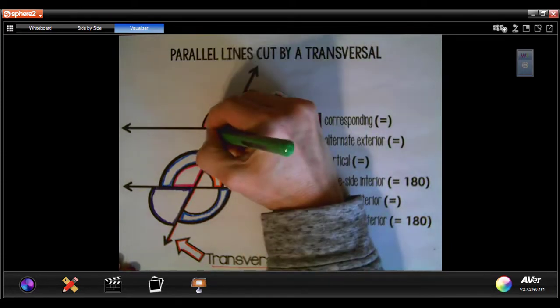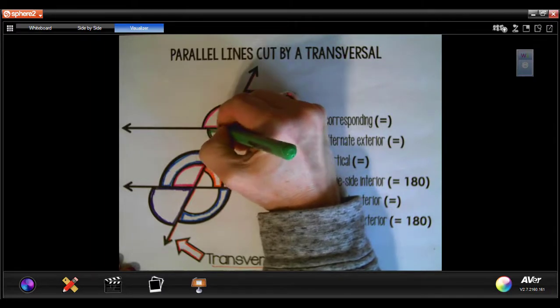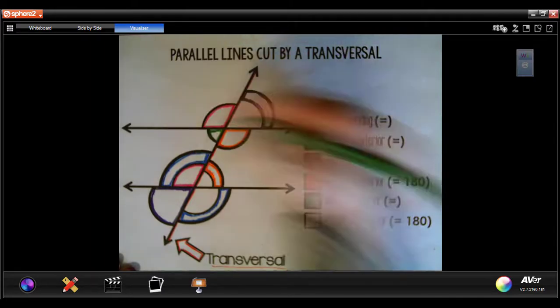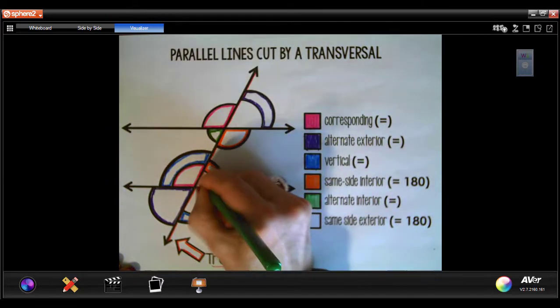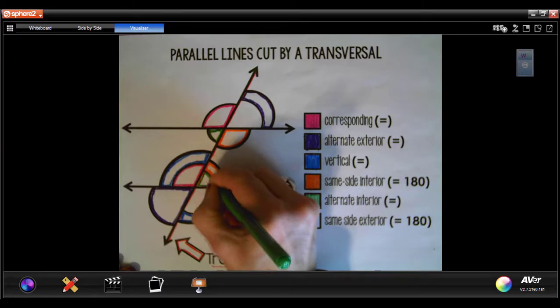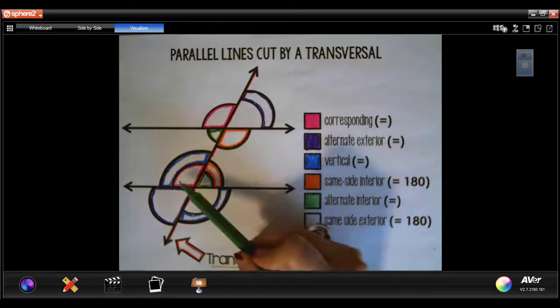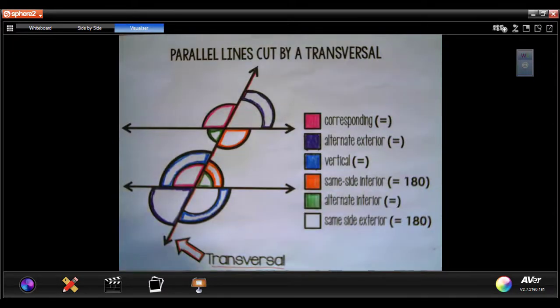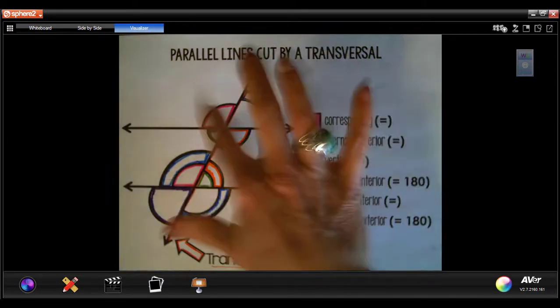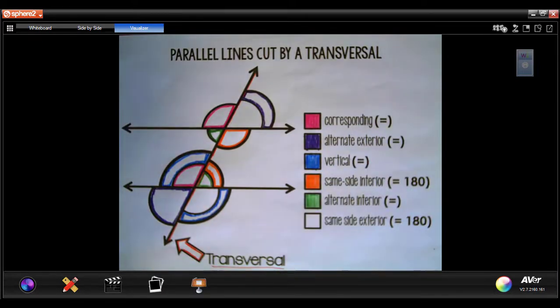So I'm going to color these 2 little arcs green. So these ones are alternate interior. Now, again, we have another set of alternate interior. Just again, on this key, we are just showing you one of them that are on the map. And I'll go through and remind you of how many of each would be on this.